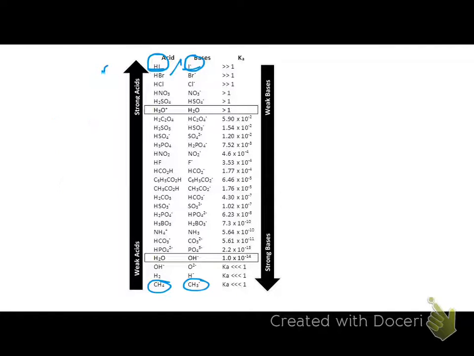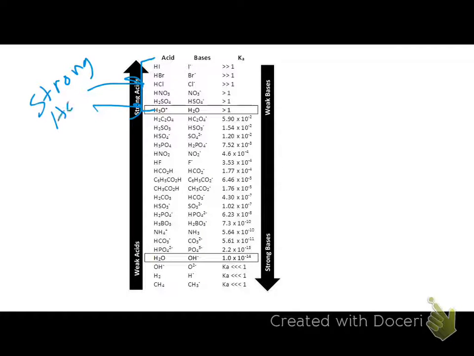Okay, so when we erase this. All right, so what I would make note of is, notice that we have the hydronium ion right here, which is an acid, and it's going to be considered a strong acid. Anything above the hydronium ion is considered a very strong acid, or just we'll say strong acids.